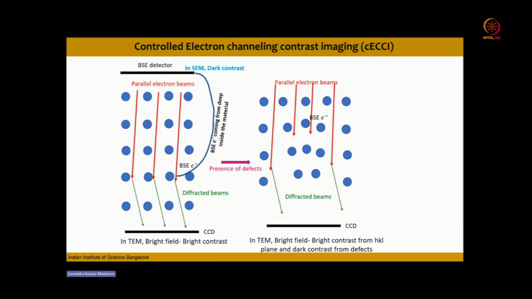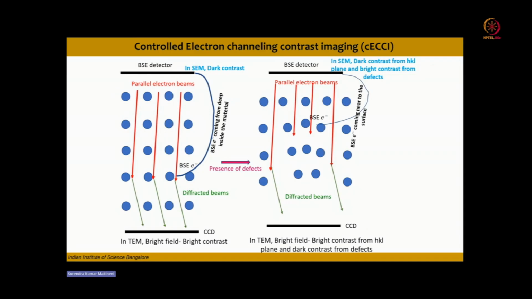Now in SEM, when it is a bulk sample, due to the presence of a defect, the backscattering will increase. If there is an increase in the backscattered electrons from those defect locations, then relatively you will get a bright contrast from the defect region as compared to the surrounding dark contrast region.